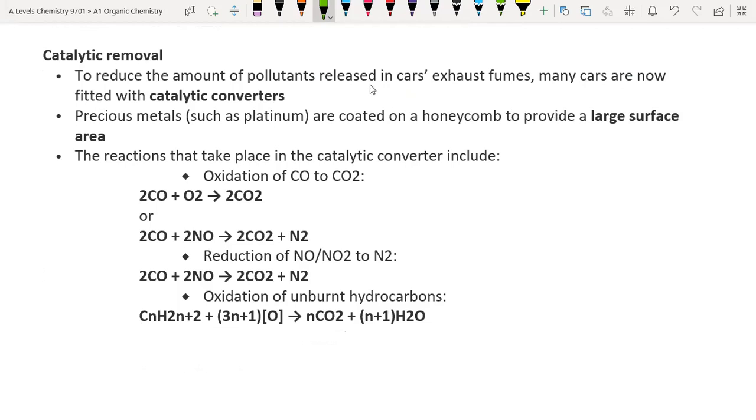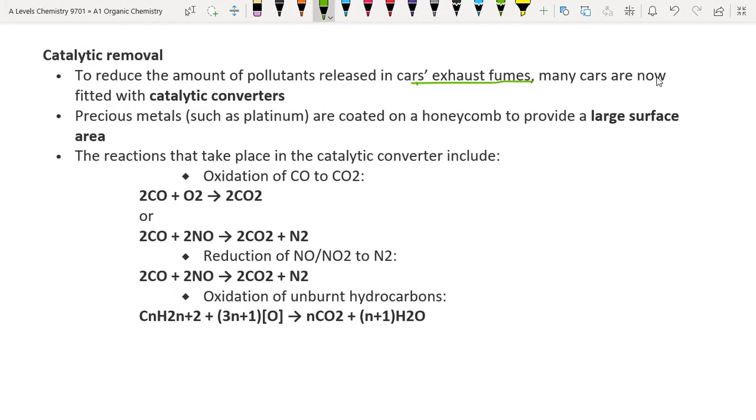To reduce the amount of pollutants released in car exhaust fumes, many cars are now fitted with catalytic converters. Catalytic converters convert the harmful compounds that are produced as a result of combustion of alkanes, like carbon monoxide, nitrogen monoxide and nitrogen dioxide.